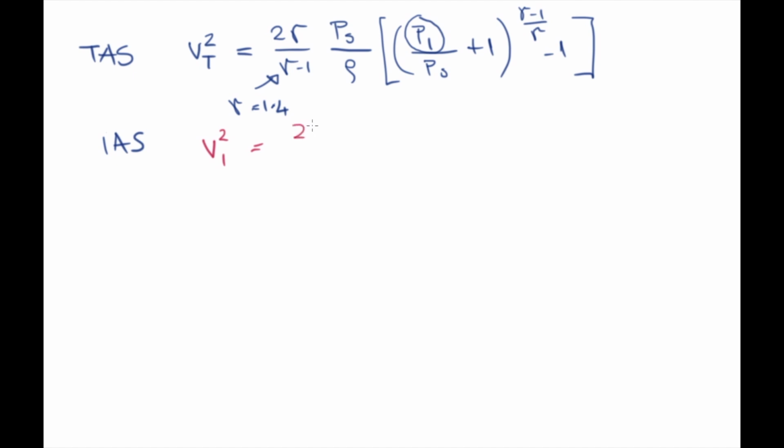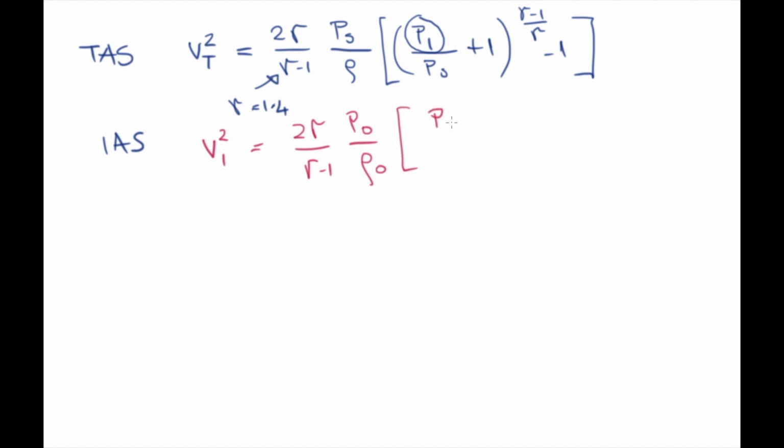Which is going to be 2 gamma over gamma minus 1. We don't know the static pressure, so instead we're going to use the value of the ambient pressure at sea level on a standard day, and similarly we don't know the density at the location of the aeroplane, so we're going to use the density at sea level as a sort of 0th order approximation here.